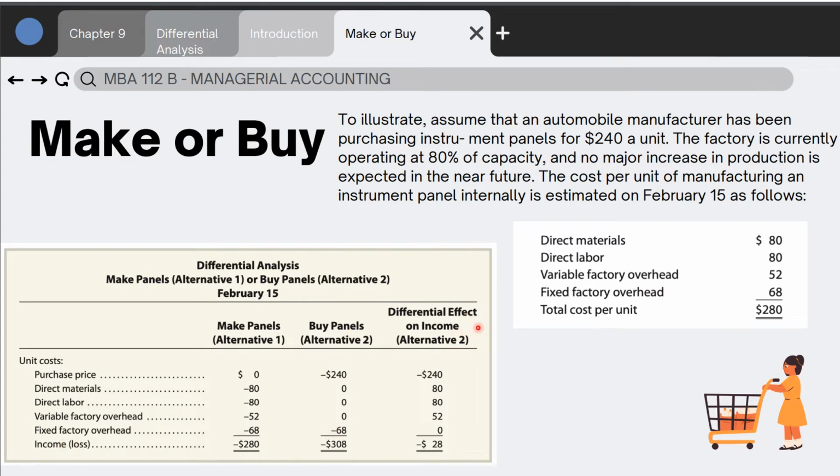So the differential effect on income, if we're going to deduct 308 from 280, we are going to get a differential loss of 28, which means alternative 1 would be the best alternative course of action compared to buying the panels, because the cost for alternative 1 is 280 while the cost for buying the panels is 308.